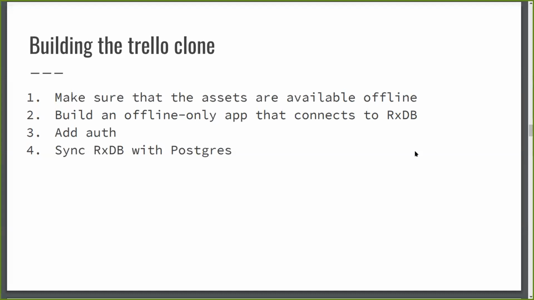Next, you integrate authorization in your application. You have some auth service, you have some tokens going around here and there. You do that for user and identity management. And finally, you set up the sync process between RxDB and Postgres. So this is roughly the steps that we took while going about building the Trello clone.